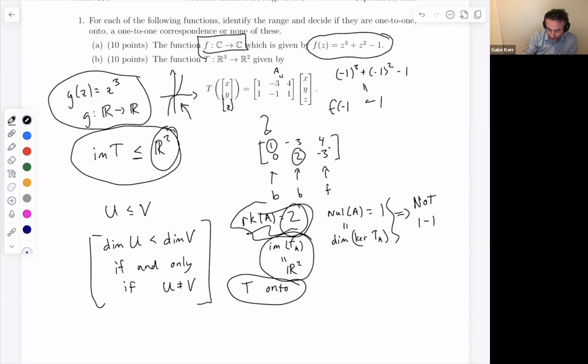So f of -1 is 0, and also f of 0 is 0. These are different numbers, -1 and 0, but they go to the same value. So this is not one-to-one.